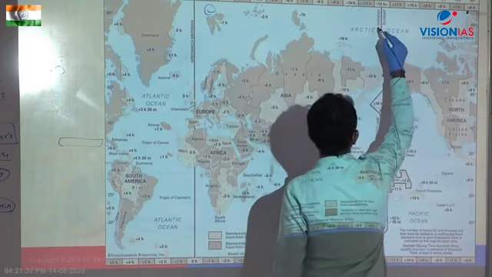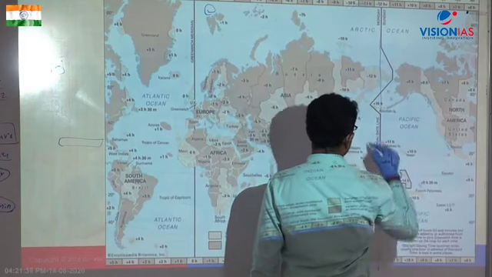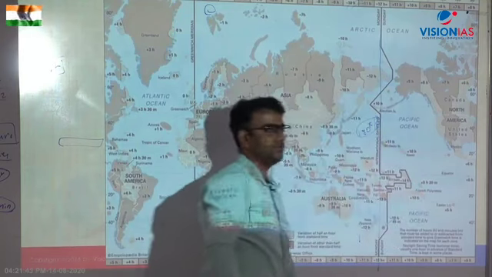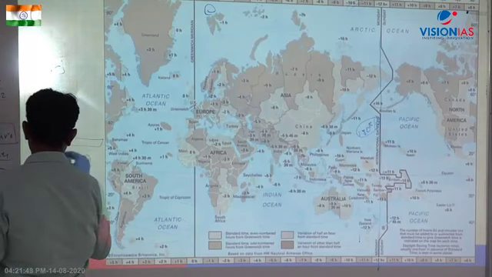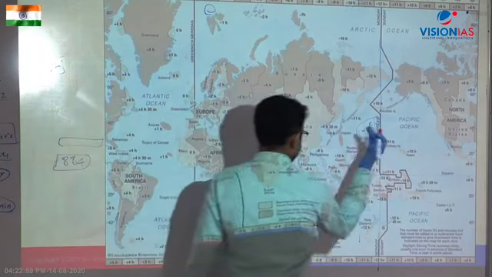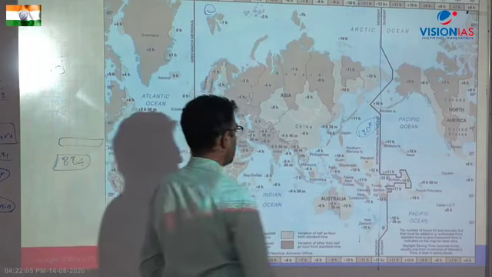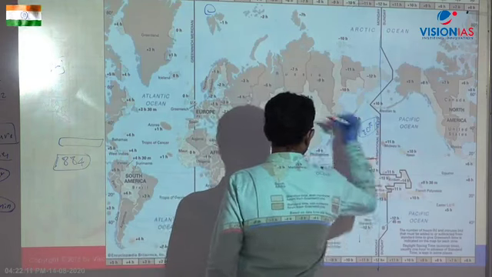That line is called the international date line, and that line coincides with 180 degrees east or west, which are both the same. We agreed on this in 1884. In the year 1884, leaders from across the world came together and said, let's have a single particular longitude from where the date would begin, the date would change, so that all the countries towards this side will start to experience the new date.